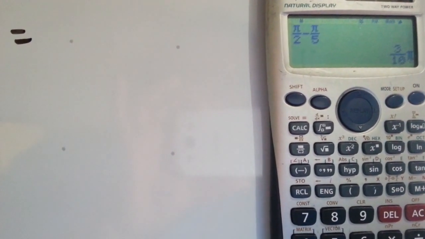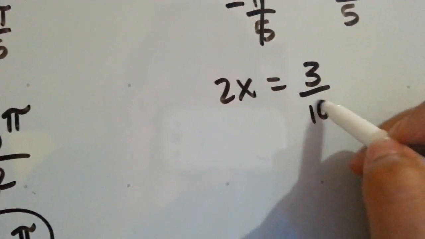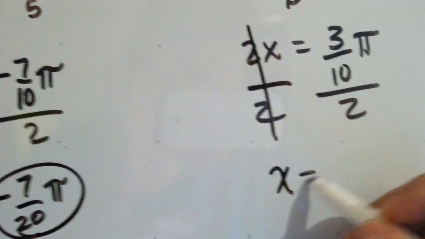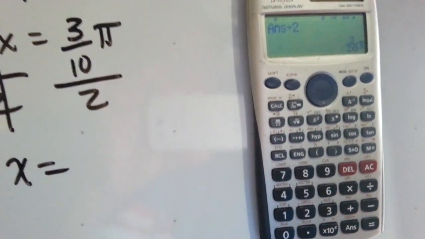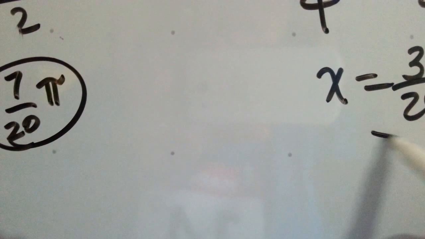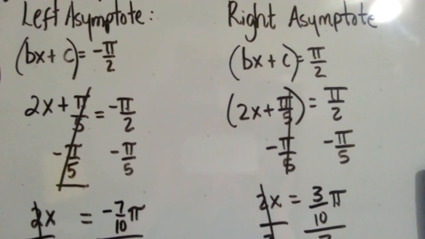Typed it in the calculator, and what do I get? I get 3/10 pi. Then I divide by 2, and I get x equals 3 over 20 pi. And that would be the right asymptote.